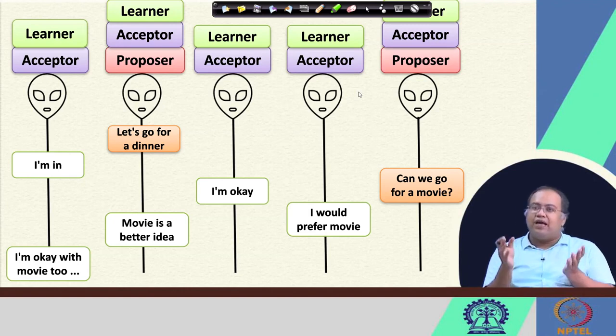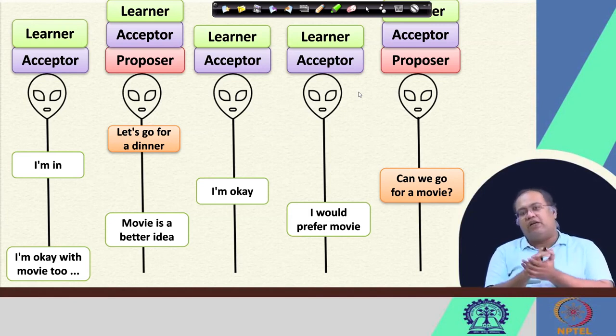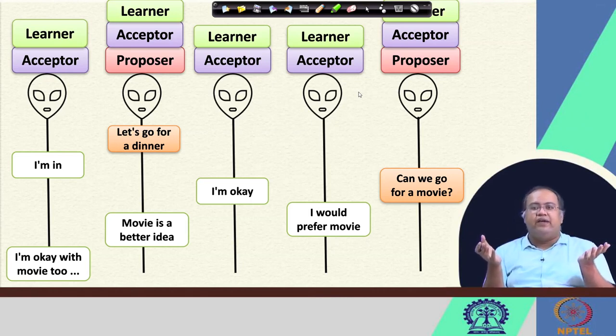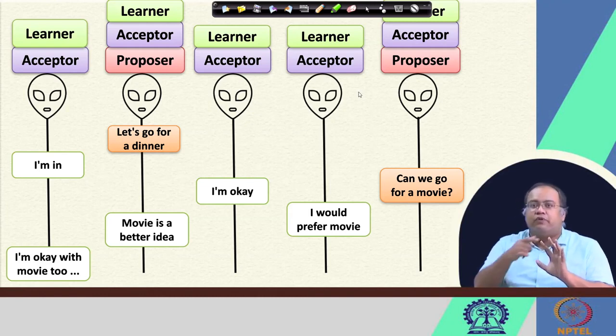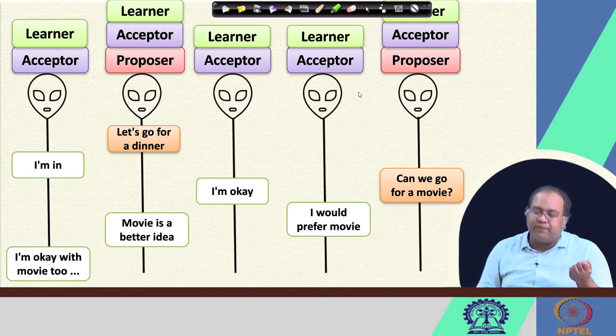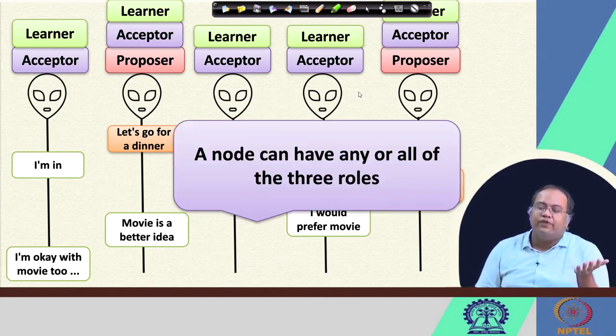The learner nodes are going to learn that a certain consensus algorithm has been executed in the system, and after its execution, collectively we decided about going for a movie. That is the purpose of the learner. So, there are three different roles: proposer, acceptor and learner. And as I mentioned, any node can have any or all three of these roles.